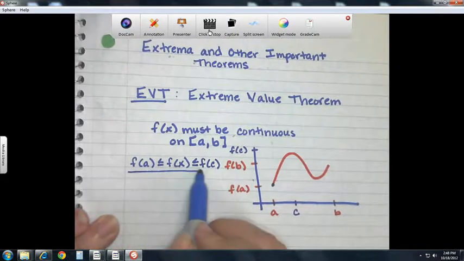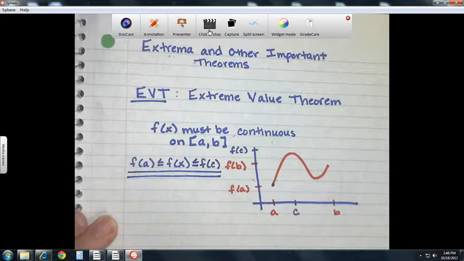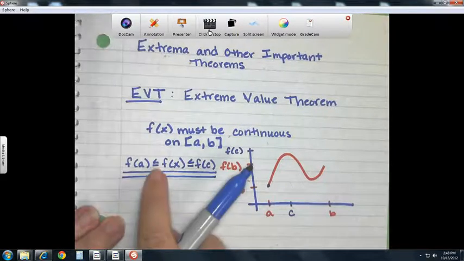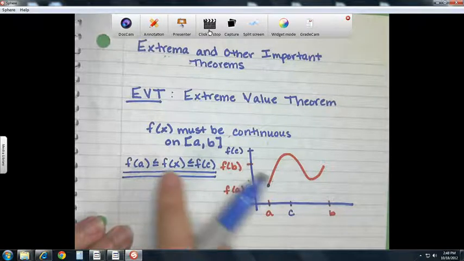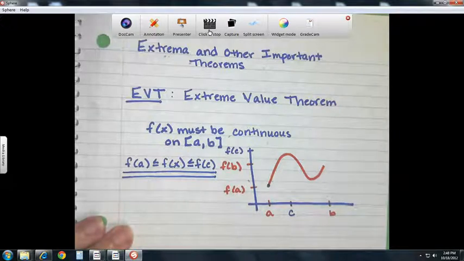Now, why do you think it has the equals on the inequalities? Is it possible that the absolute max could be the same as the absolute min? What kind of a function would that be? A horizontal line. If you have a horizontal line, all of the y values are the same.